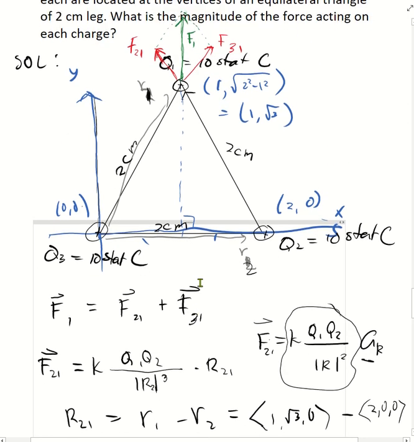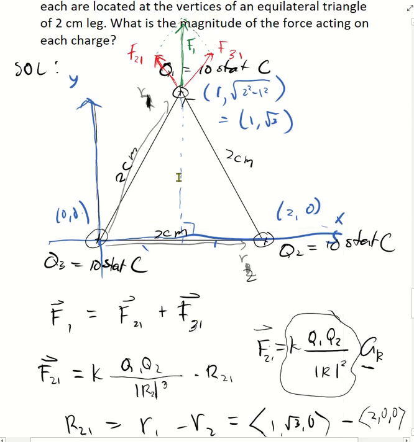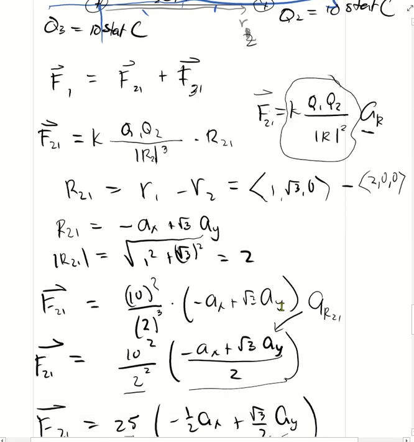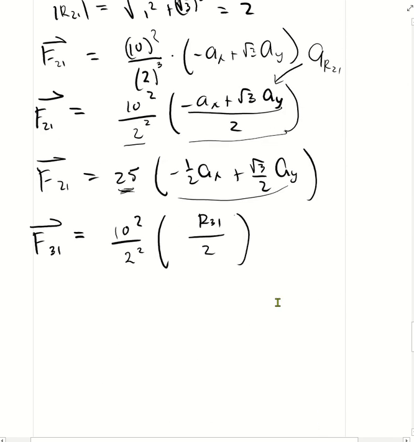Where is R31? R31 is this one. And that is actually equal to R1. So what is our R1? Our R1 is 1 square root of 3. And we can use that one here.